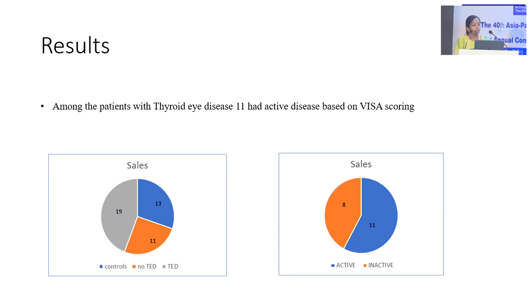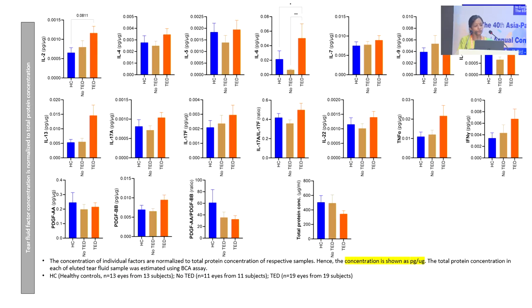We had 19 patients with thyroid eye disease and 11 patients with thyroid disorder but no eye disease. We had 11 patients with inactive thyroid eye disease and 8 active patients.